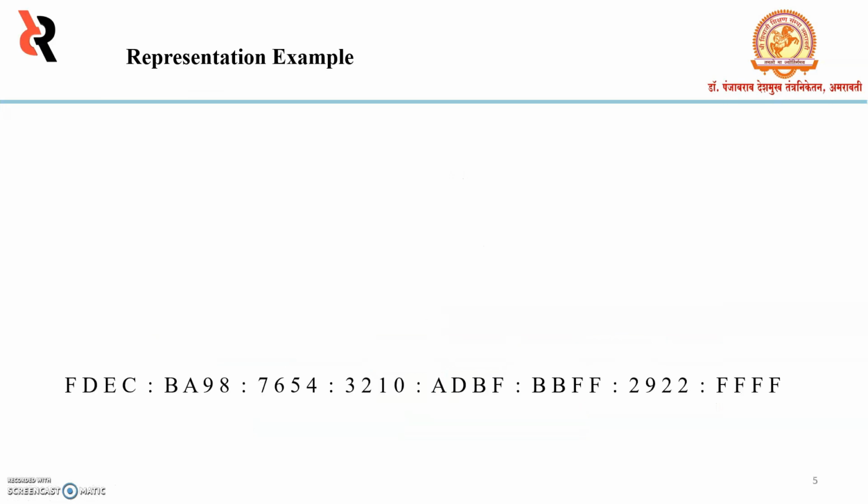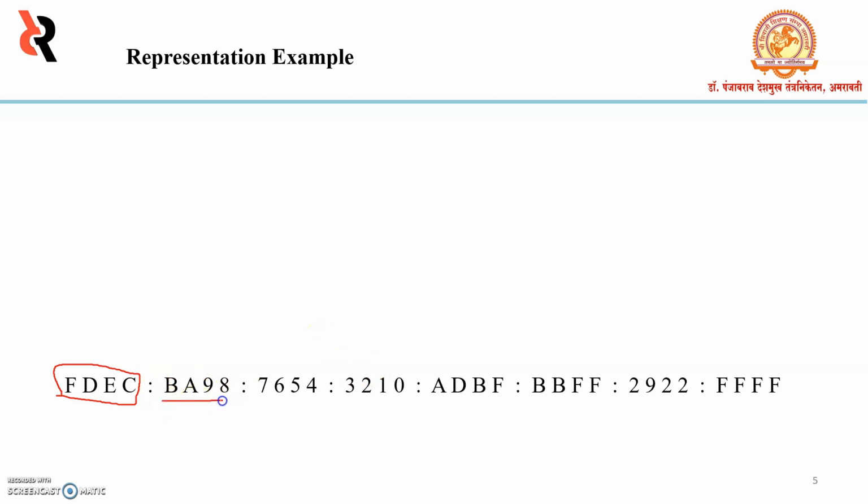Let us take the example of representation. Take the same example, having an IPv6 address. Now this is total 16 bit.